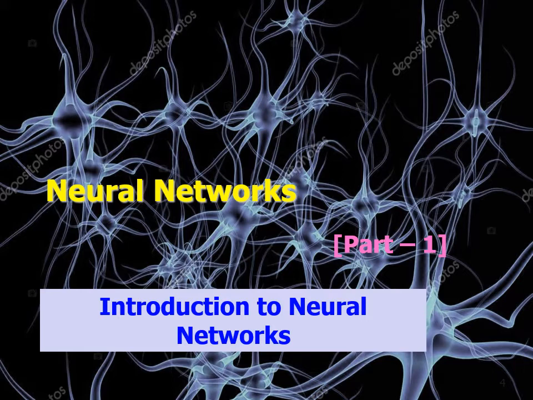Human beings are amazingly intelligent and can do certain tasks extremely well, and this inspired the researchers to come up with neural networks, to provide machines artificial intelligence similar to the human brain.